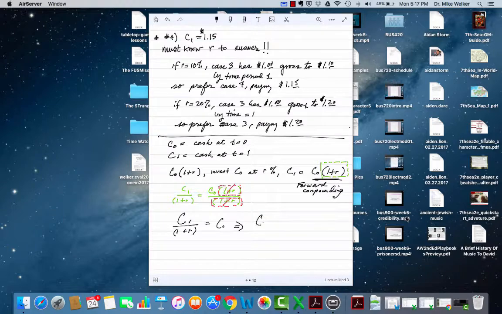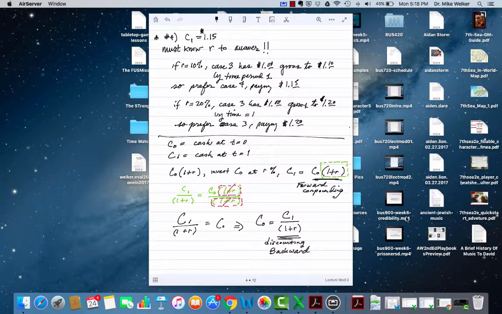Usually written, then, with the positions reversed, C0 is equal to cash found in the future divided by 1 plus R, the interest rate. So this is referring to us discounting backward for equivalency. Compounding means we're taking present amounts and pushing them forward in time.